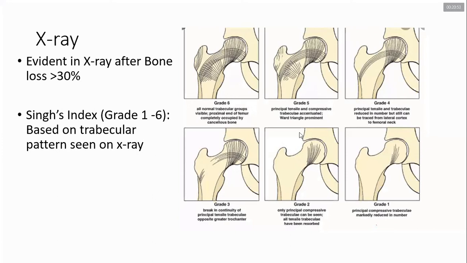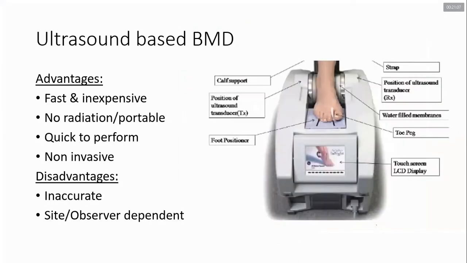So grade 6 being normal and grade 1 being most affected. Okay, no need to memorize all this chart. Just keep in mind that there's something called Singh's index, which classifies osteoporosis based on the trabeculation pattern on the X-ray. There are also ultrasound based devices. Okay, these are not accurate.